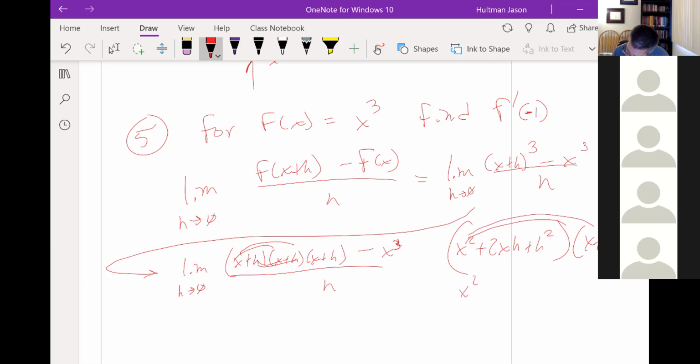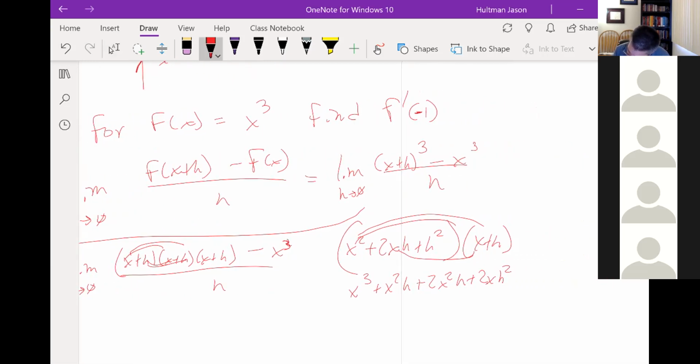So this becomes x cubed, and then this is going to be plus x squared h plus 2x squared h, plus 2xh squared, and let's do the last one here, plus xh squared plus h cubed.